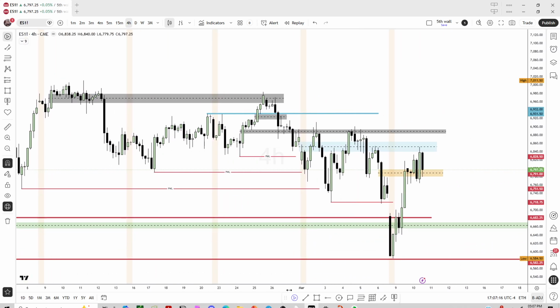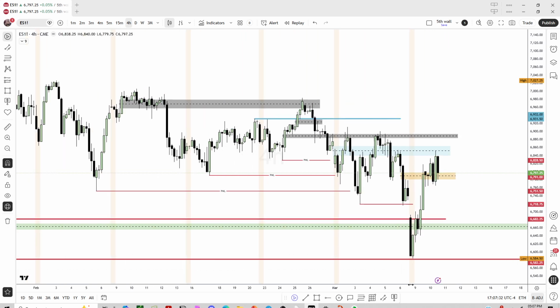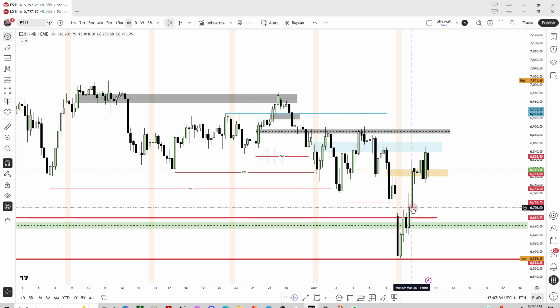All right, so here, either way, we have a run on stops. We have a purge here. You can call that a revert here. There's no pullback. We mentioned the smooth 4-hour candle, smooth low. That usually shows some degree of urgency.